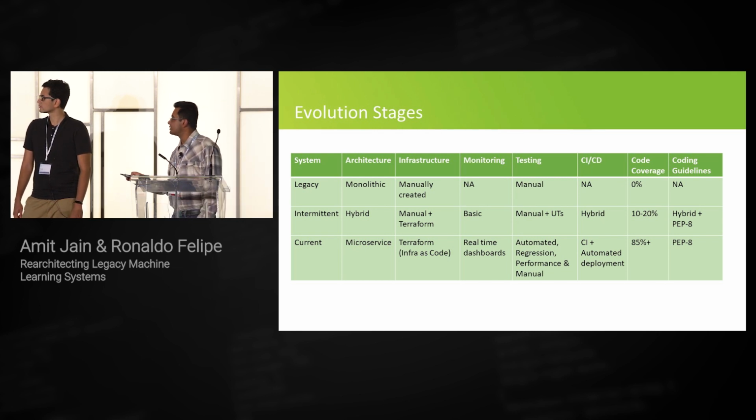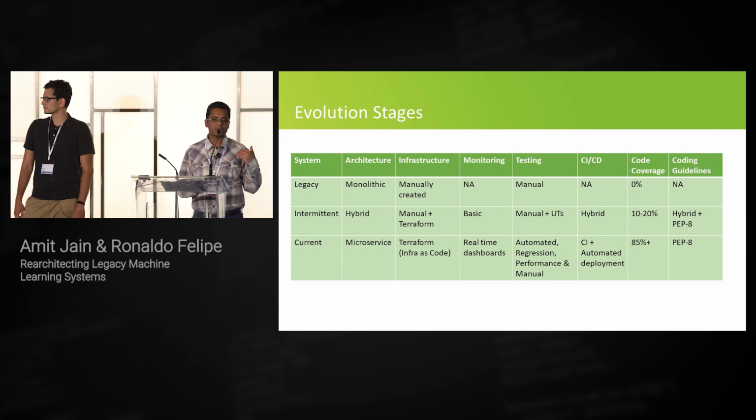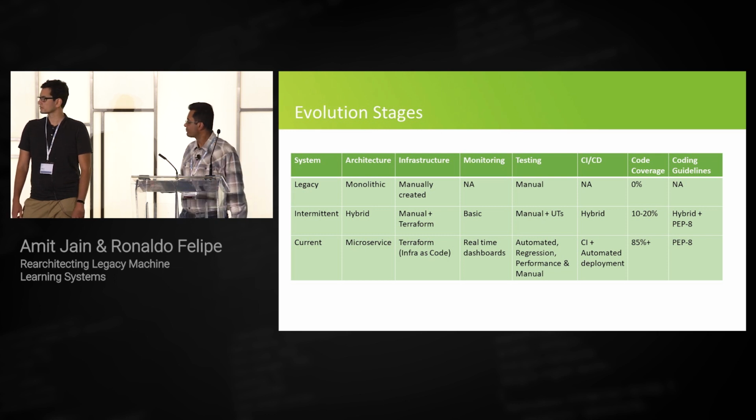CI/CD is a big achievement here, because every PR we push triggers the Jenkins jobs to catch any issues beforehand, and we have automated deployment. We have a need-based deployment. We don't need to deploy our code every time it's pushed to the branch. Whenever we feel the models make sense, we deploy it.